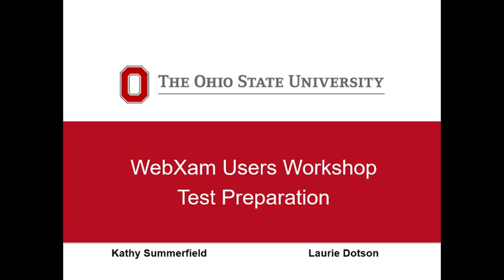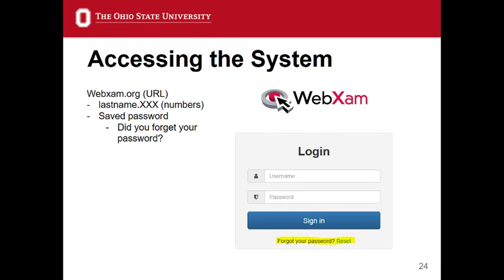So we're going to go over some few items that we see as being phone support questions that we get, and kind of go over a brief overview. The first question that we get is, I forgot my password. Previously, we were able to give that information to you or your administrator. That has changed.